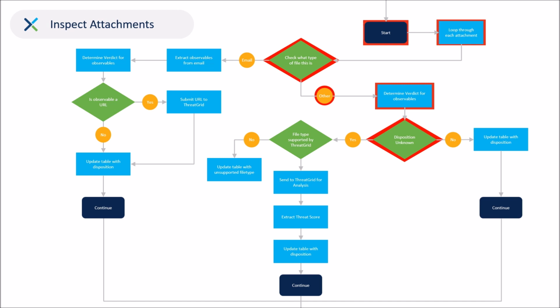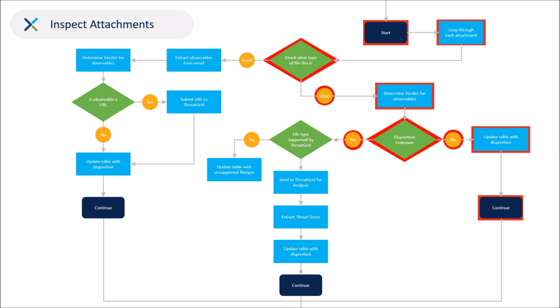If it comes back with a disposition, so the answer to that is no, meaning we have an existing disposition for that observable, then we're going to update the table with the disposition information. And so the table is going to be used to empower the SOC team. And we'll go ahead and continue.